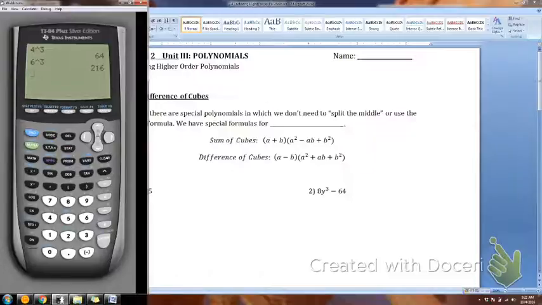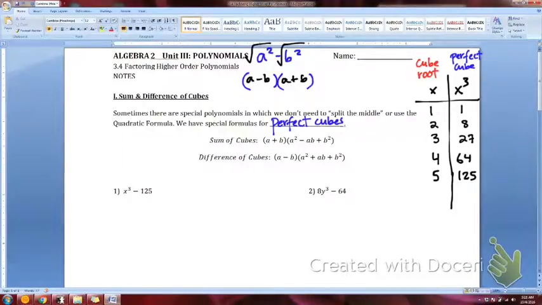It's 216. Go ahead and try 7. It's 343, and that's really as far as we will go. We might use 10. 10 cubed is 1,000. We won't really go farther than 7. So this is a quick glance for us.